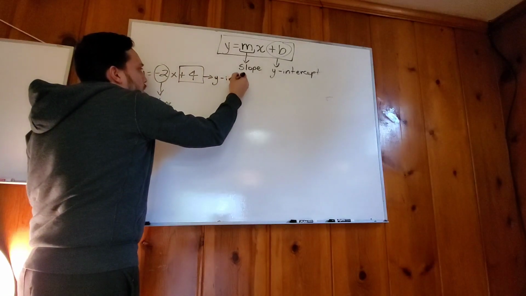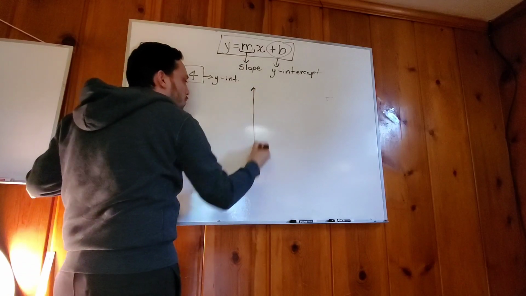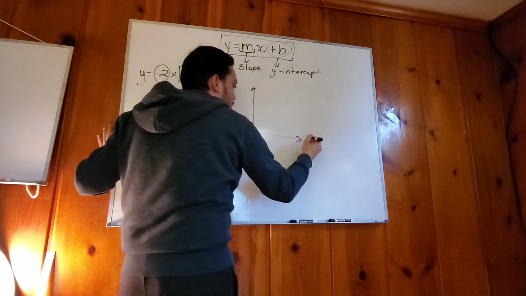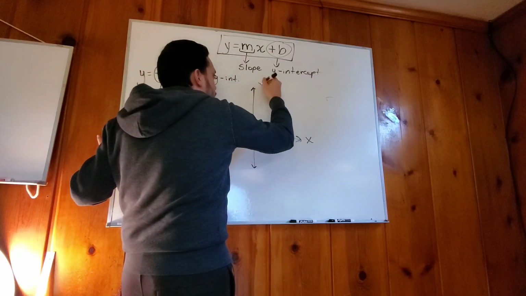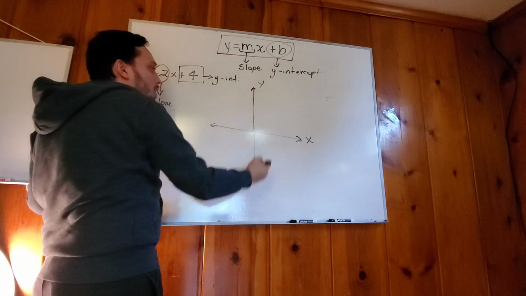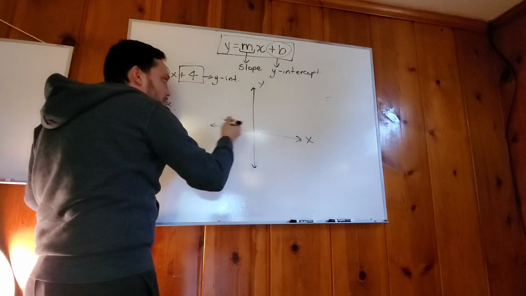Now this is the part that I think I have to explain more because it's the part that you mostly don't know. So if I draw a coordinate plane, this is my x-axis, this is my y-axis. The y-intercept only deals with the y-axis. I don't really care here about the x.